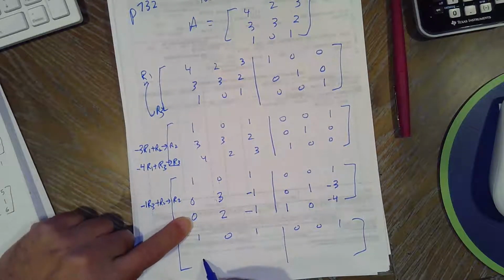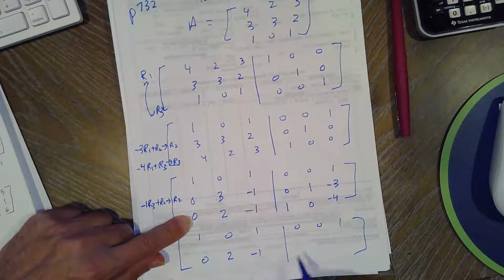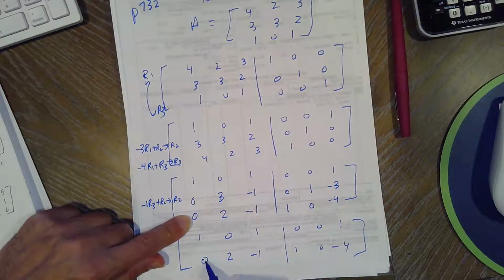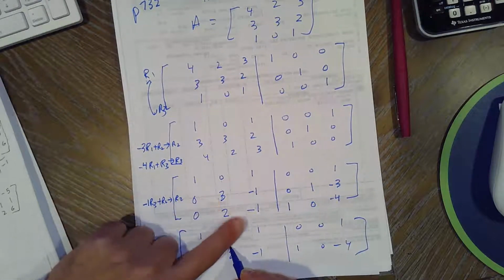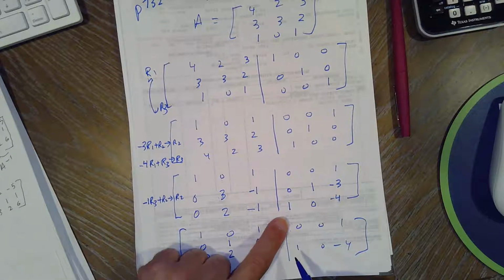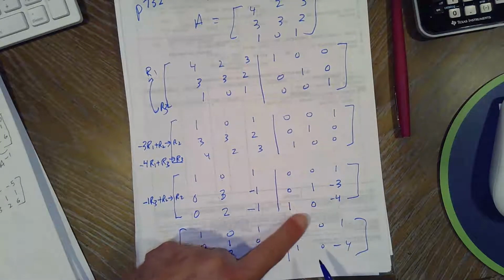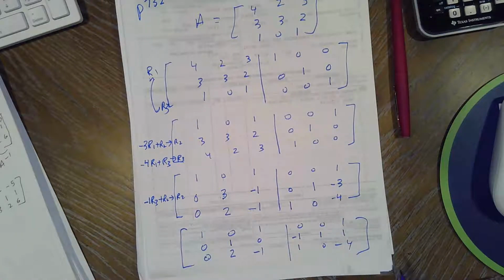So 0 2. Let me write the third row and then I'll do the second row. 1 0 4. So 0 plus 0 is 0. -2 plus 3 is 1. 1 plus -1 is 0. -1 plus 0 is -1. 0 plus 1 is 1. 4 plus -3 is 1.